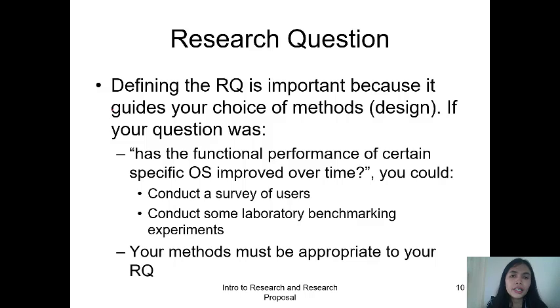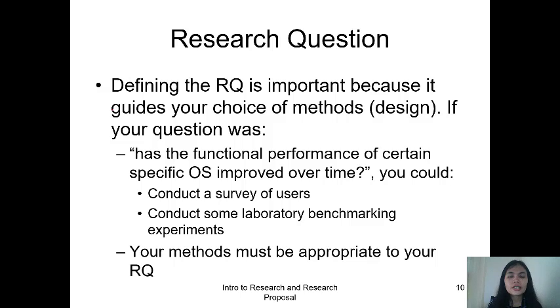Defining a research question is important because it guides your choice of method. If your question was, has the functional performance of a certain specific operating system improved over time, then you could conduct a survey of users, or you could conduct some laboratory benchmarking experiments.